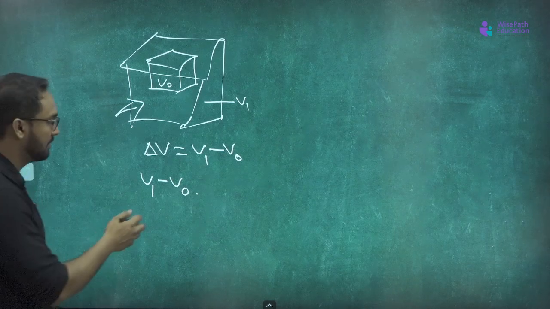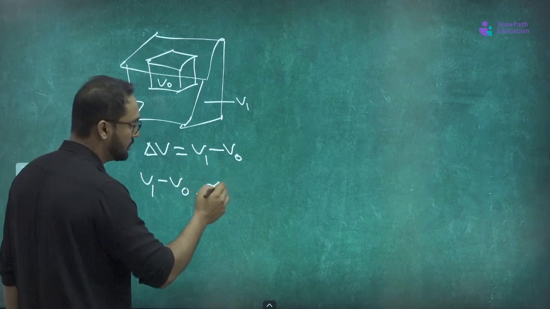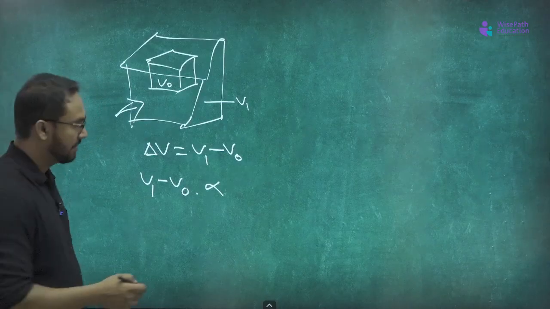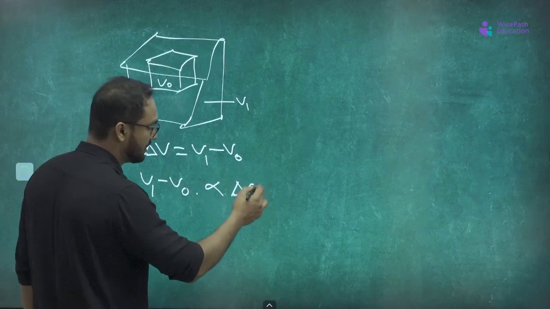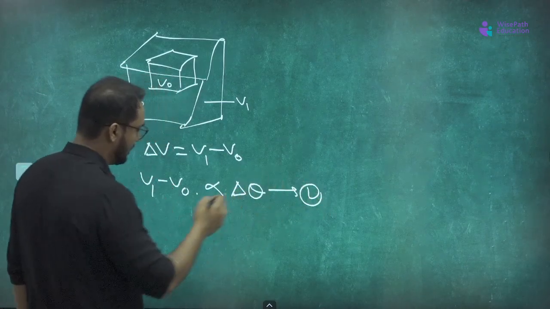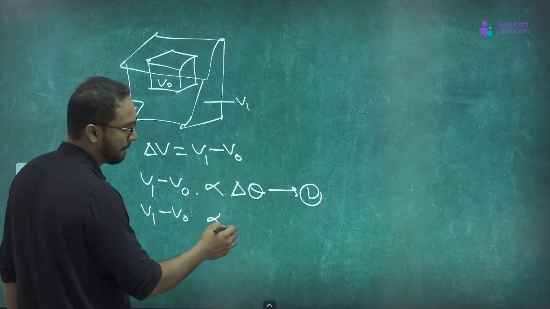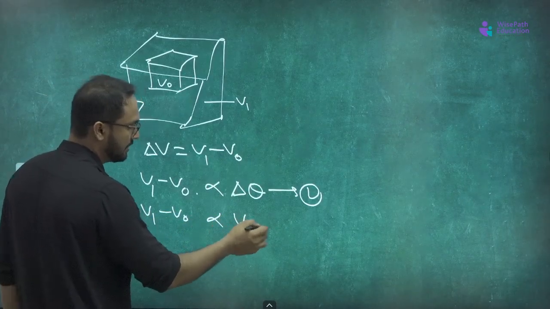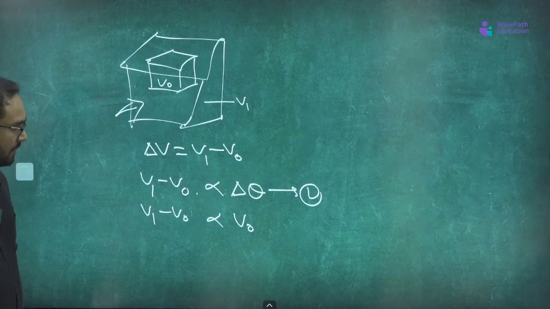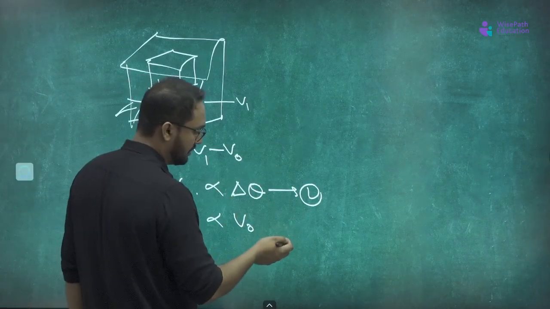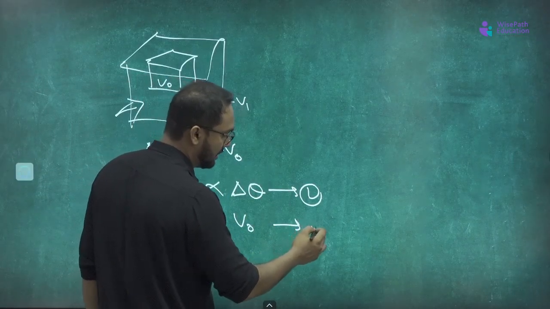What are the things that it was proportional to? One is the temperature difference, right? And the other one is what? The initial volume, right? Like the previous one, it was equal to the initial area.